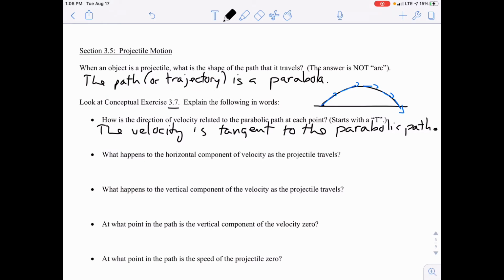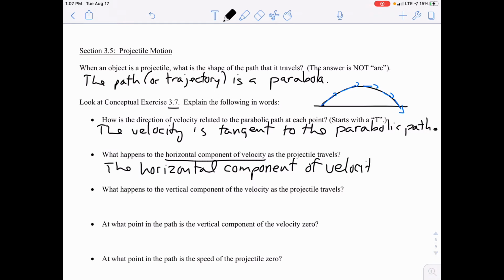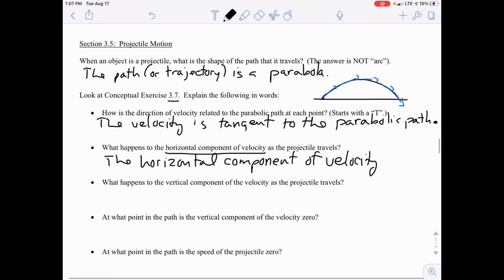What happens to the horizontal component of velocity? Well, as we're about to find out, the horizontal velocity component of velocity remains constant.